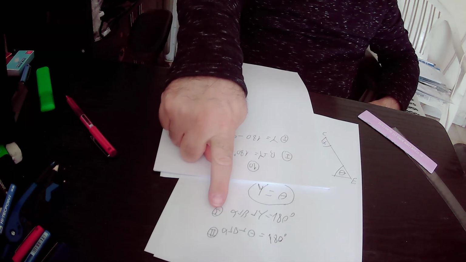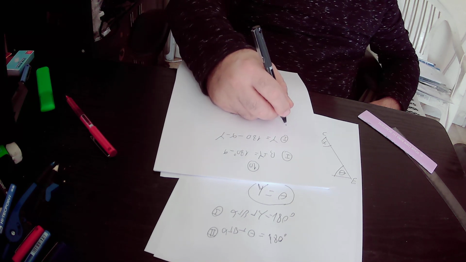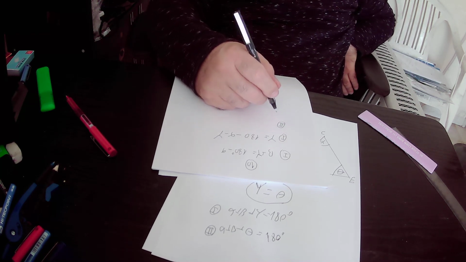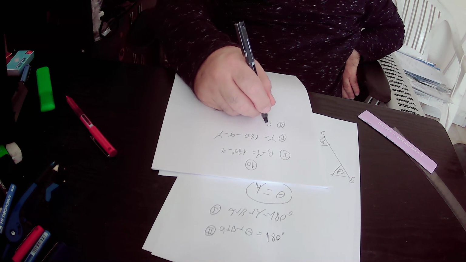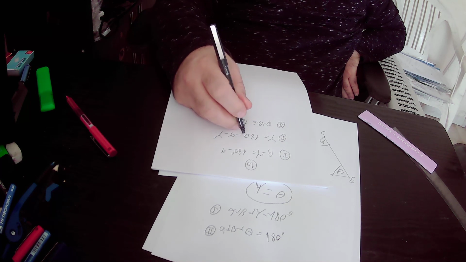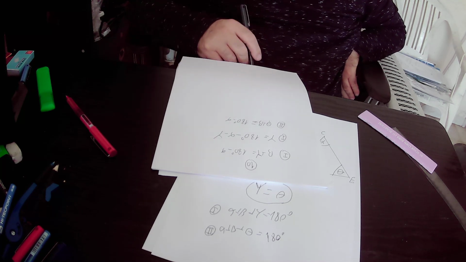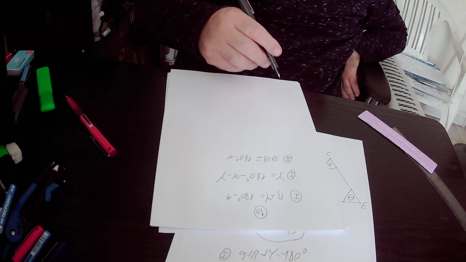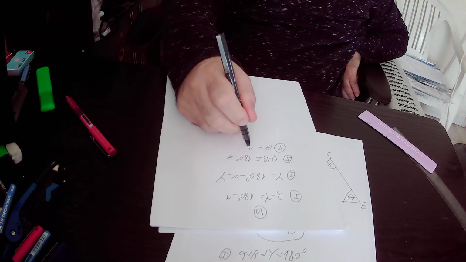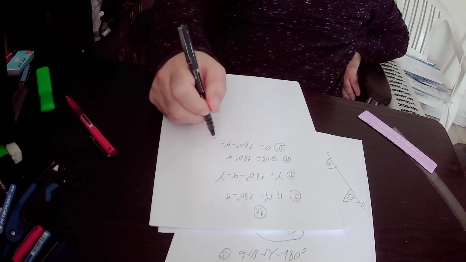We subtract alpha from equation number 2, and we will get that theta plus beta equals 180 degrees minus alpha. We subtract beta from equation number 2, and we will get that angle theta equals 180 degrees minus alpha minus beta.